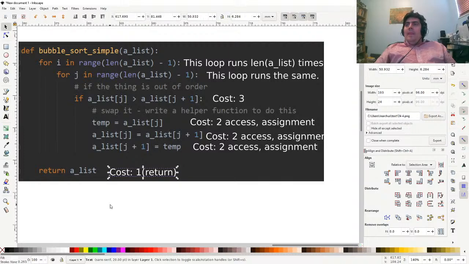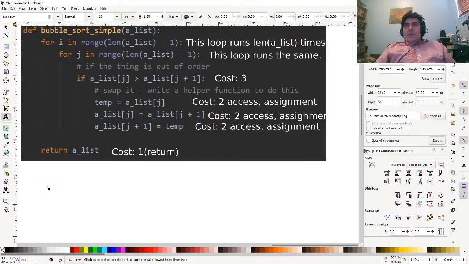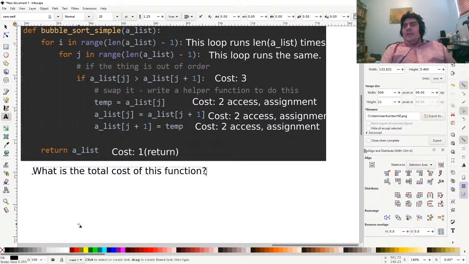So now my question is, what is the total cost of this function, right? And you would say, okay, let's let len of a list minus 1 equal to n, okay? Or you can just let a list being n, like this.